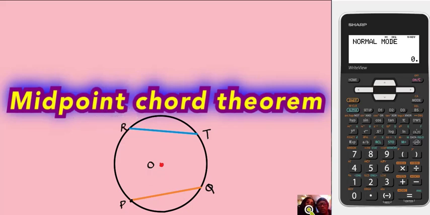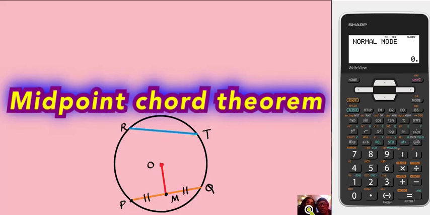Draw a line from the center of the circle to the middle of the chord. I'll call the middle M here, which means PM must be equal to MQ because M is in the middle of PQ. Are we together?